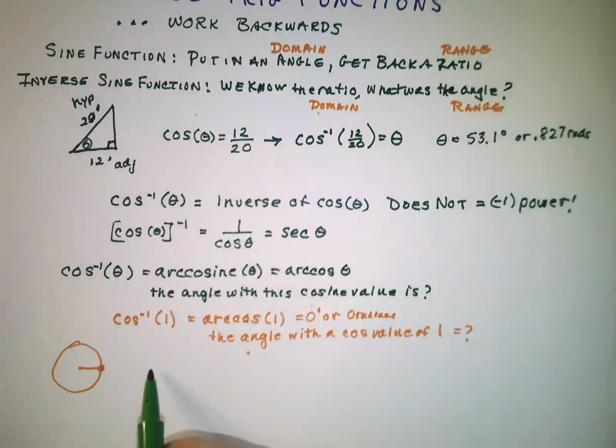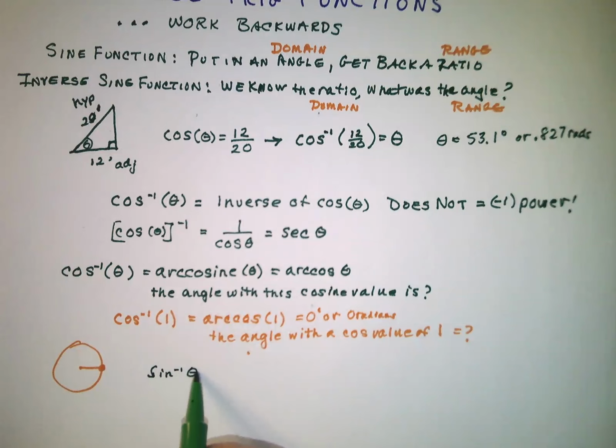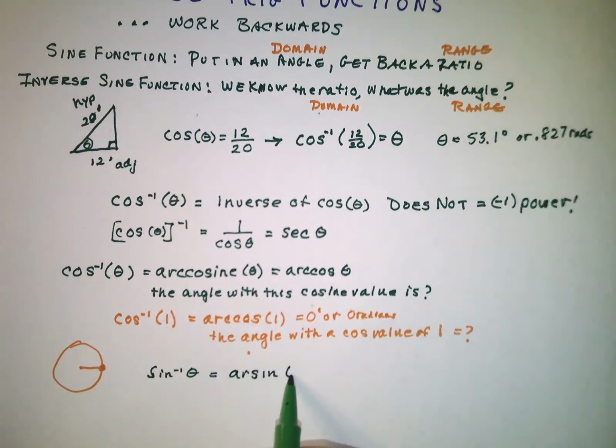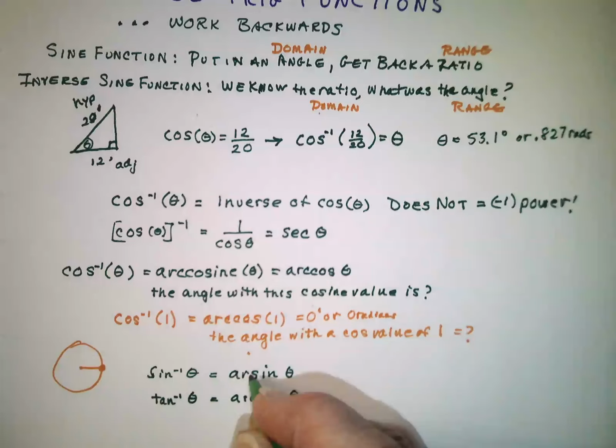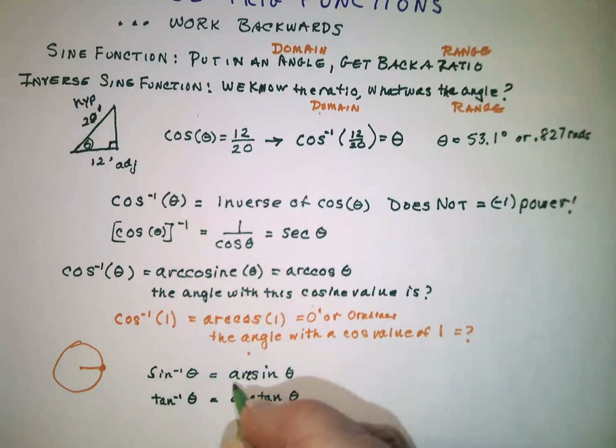Likewise, inverse sine is also called the arc sine of the angle. And inverse tangent can also be called the arc tangent of the angle. Arc sine, arc tangent.